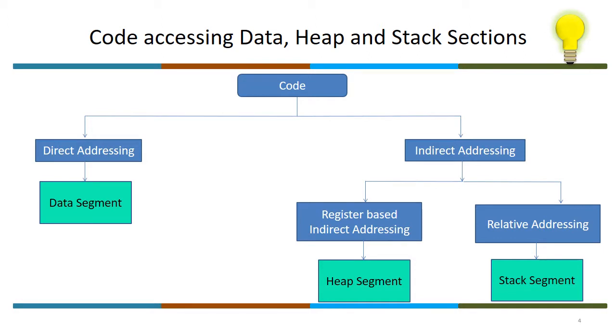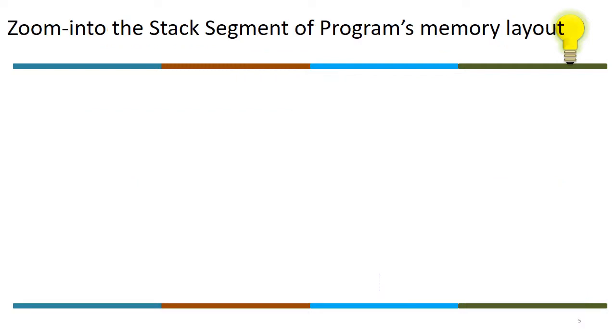The compiler generates an address to access the local variables relative to the start of the stack frame or the end of the stack frame. Now, getting into the details, we will zoom into the stack segment of the program's memory layout and see how the compiler generates the address.